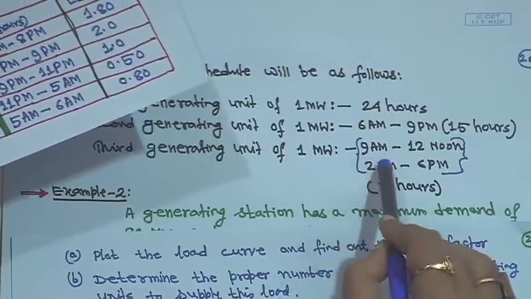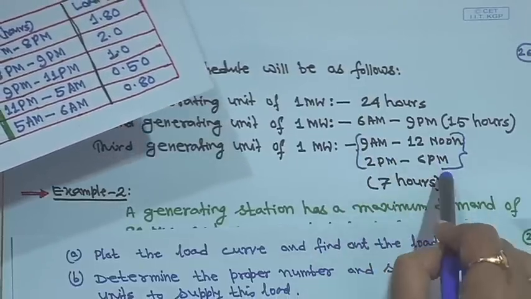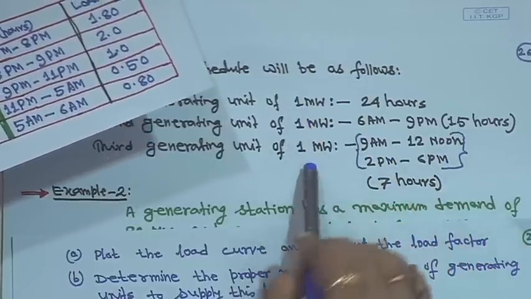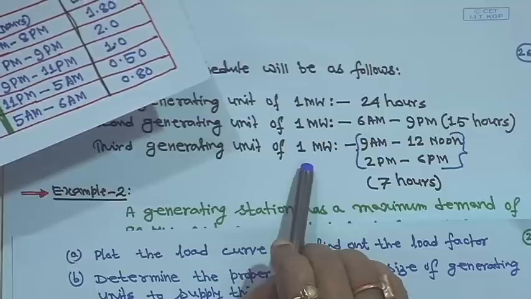For these 7 hours you need all 3 units to be on.